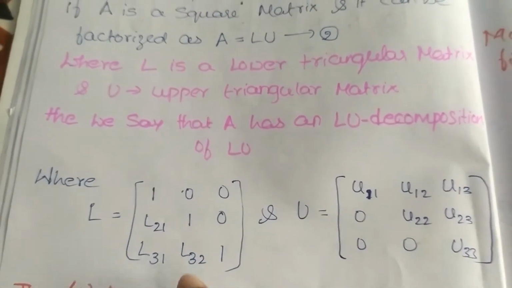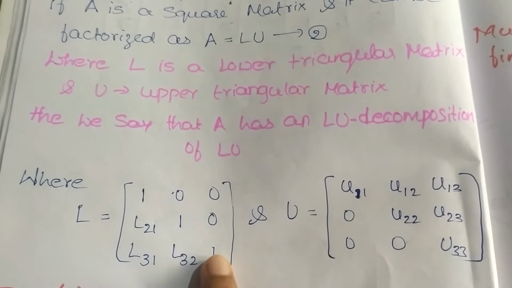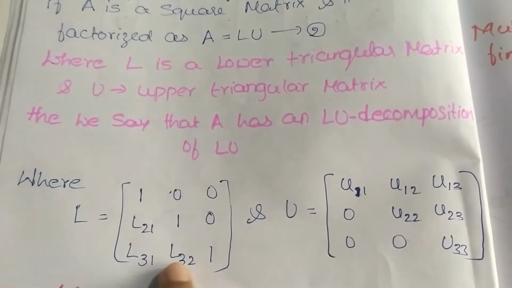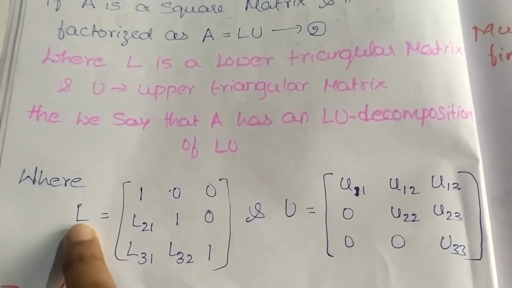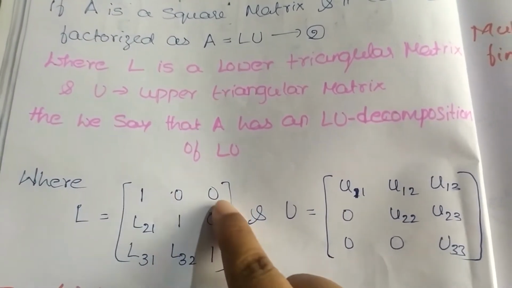As you can see here, in the lower triangular matrix we consider the diagonal values 1, 1, 1 and we only consider the lower values, and the upper part is considered as 0.